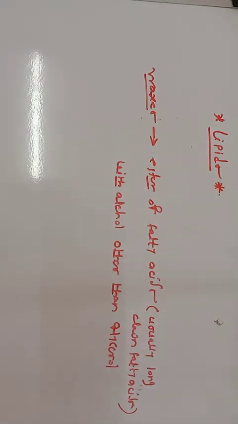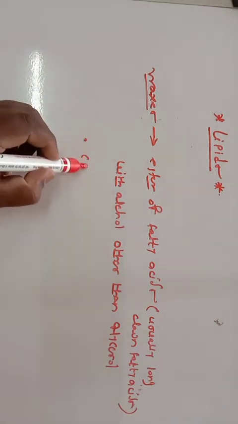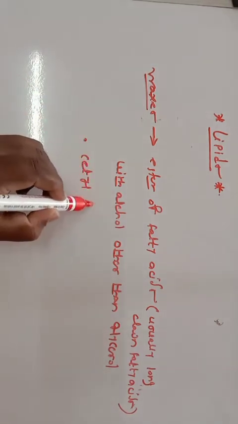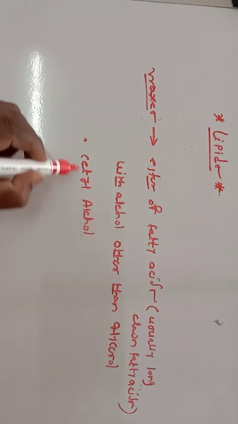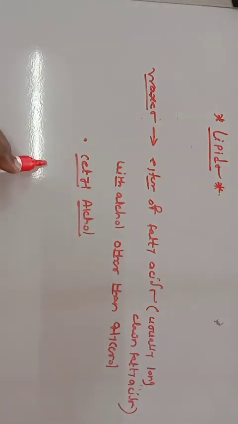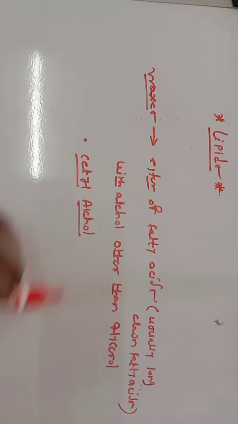These alcohols may be aliphatic or alicyclic. Generally, cetyl alcohol is the most commonly used, or most commonly found in the waxes. So this is regarding the simple lipids.